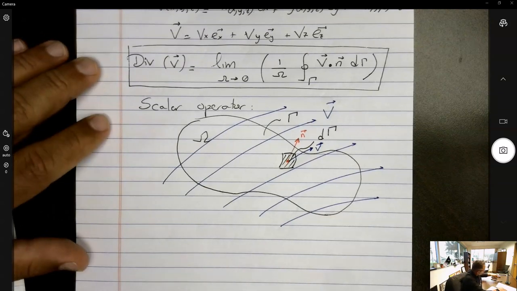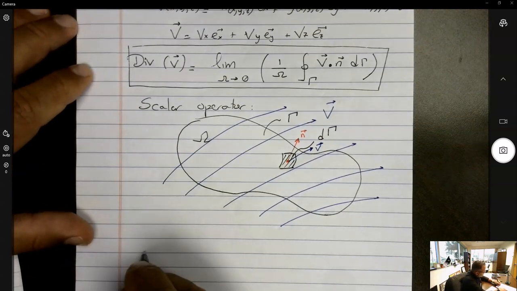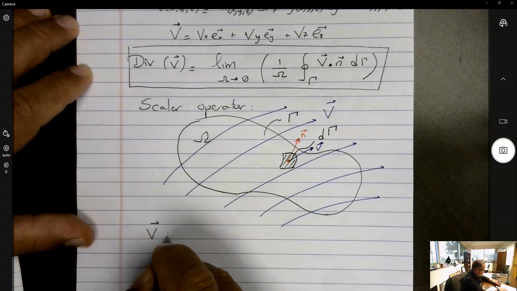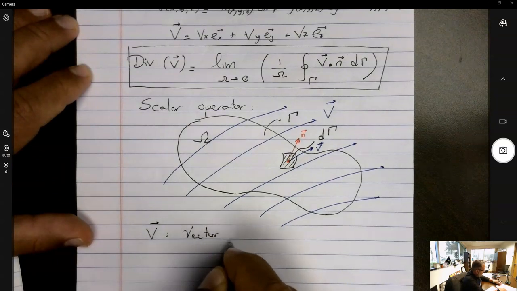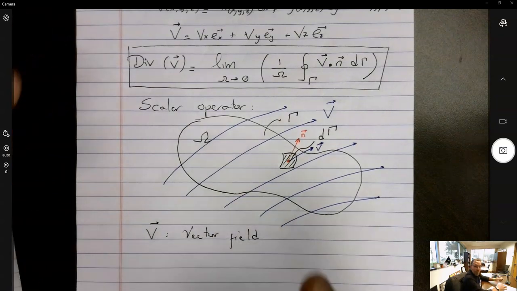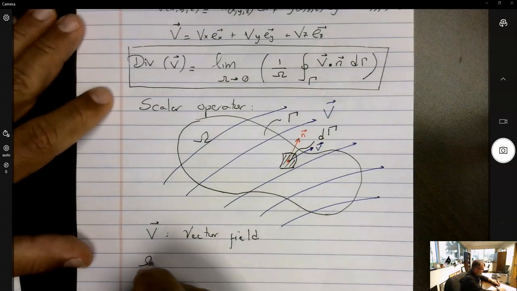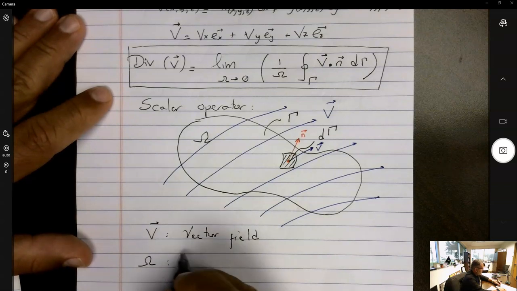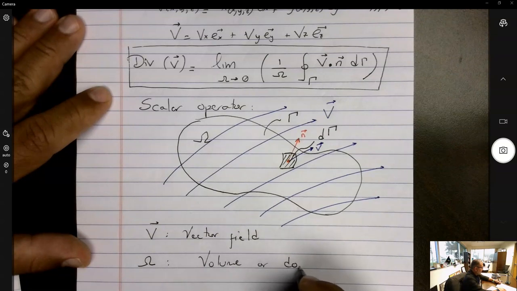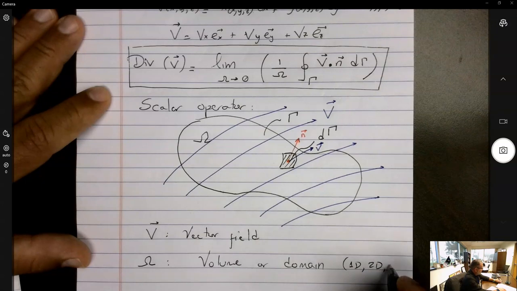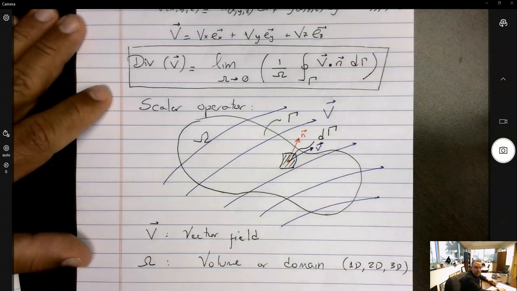So here, V is a vector field. And for illustration purposes, we are going to talk about this vector field as being a velocity field. That's why we use V for it. Omega is the volume or domain. Could be 1D, 2D, or 3D. In this case, it's 3D.